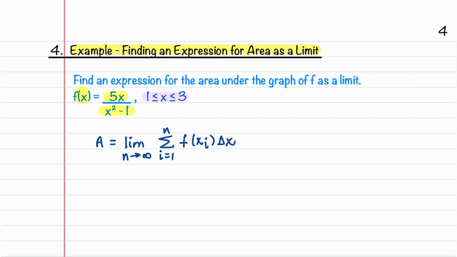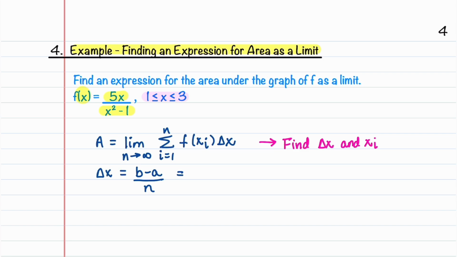What we need to do now is find two things. We first need to find delta x, and then we need to find x sub i. You always want to find delta x first. Let's write down our formula for delta x. Delta x is equal to b minus a all divided by n.